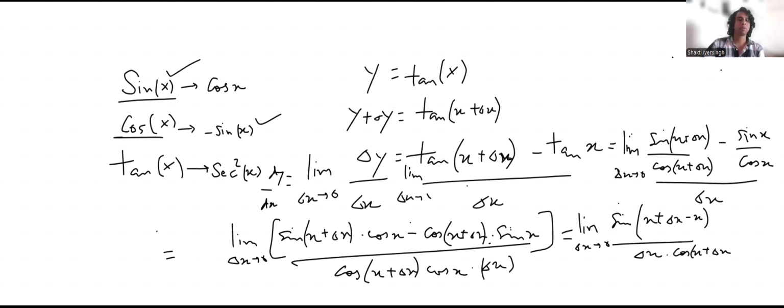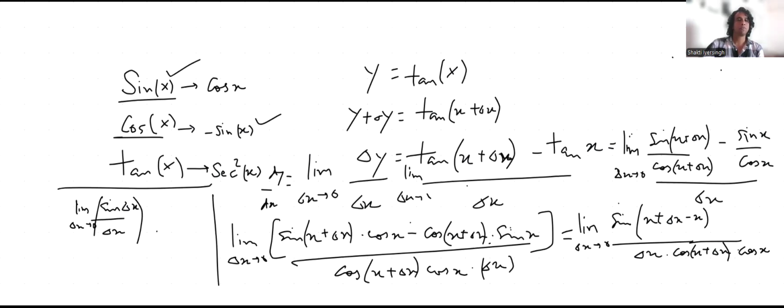And the last step, now this is essentially equal to limit delta x tending to 0 sine delta x upon delta x, and we know this limit is essentially 1 times 1 upon cosine x into cosine x plus delta x.